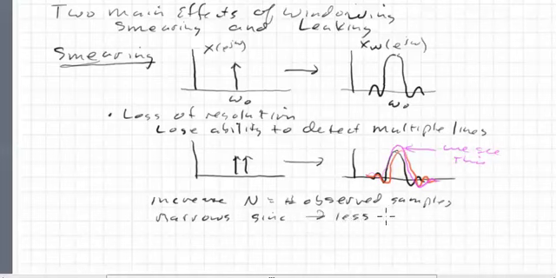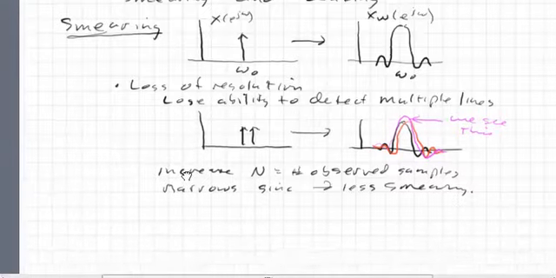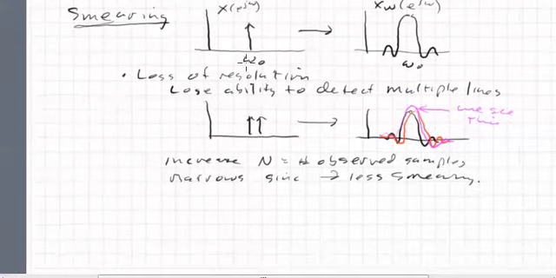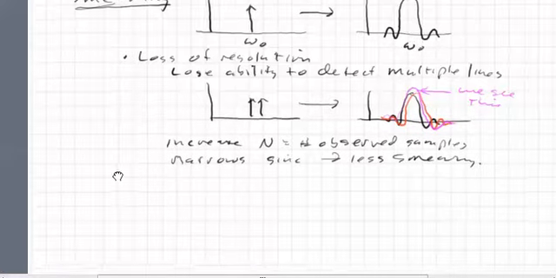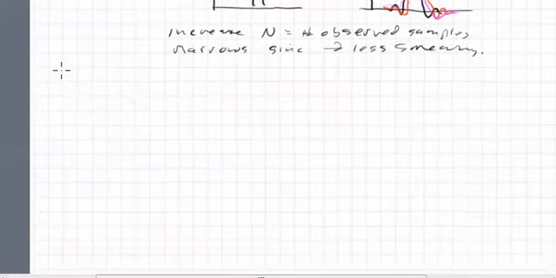We'll talk more about this in a minute. Okay, smearing has to do with the idea of resolution, the idea that if we want to detect two lines that are close together, we're going to have to deal with this smearing thing. The next one is leakage.